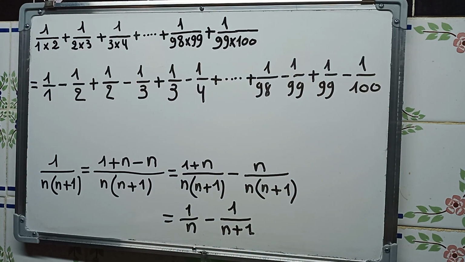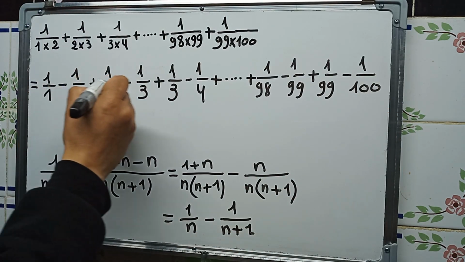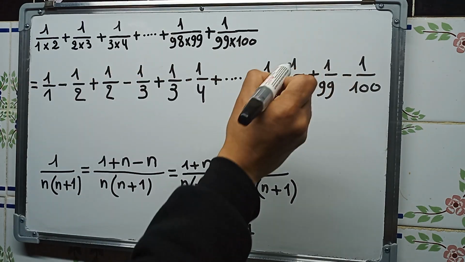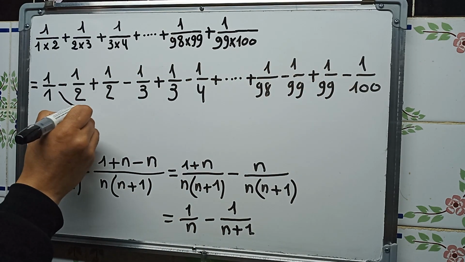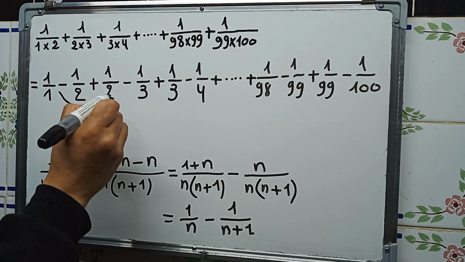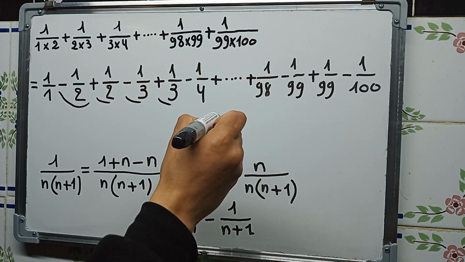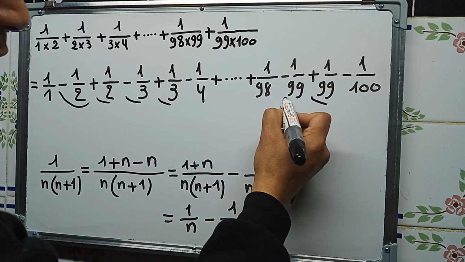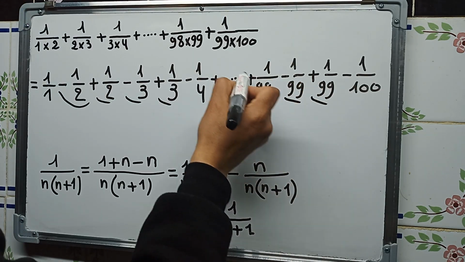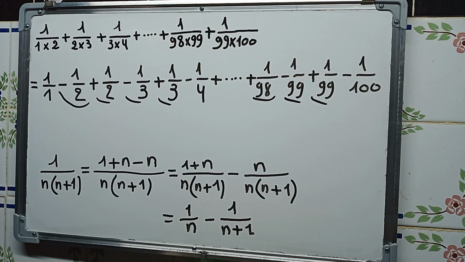And here you see that the terms in the middle all will cancel. Here minus 1/2 with plus 1/2, minus 1/3 with plus 1/3, and continuing until here. Those will cancel. Also this one will cancel with the previous one.